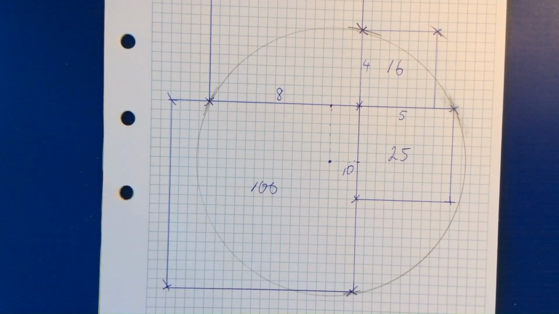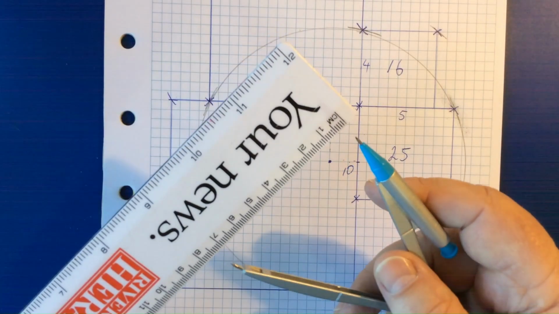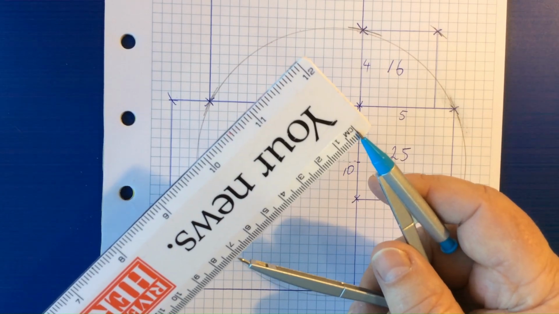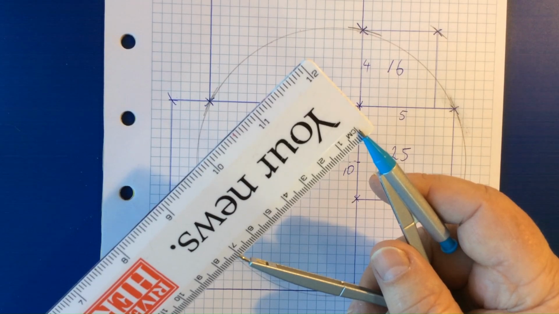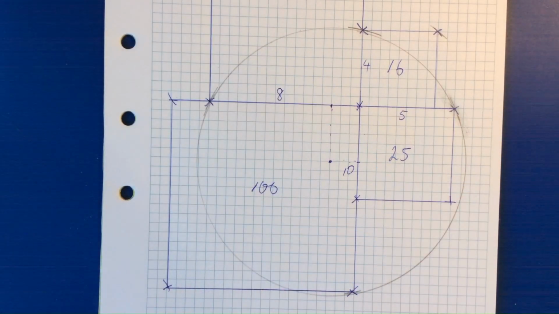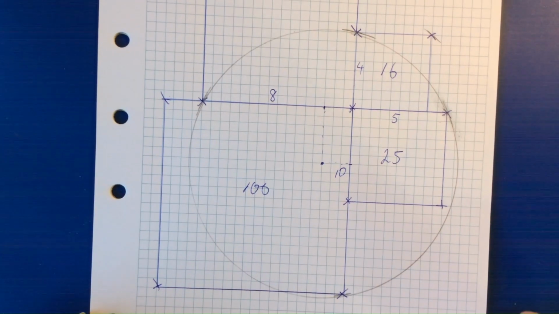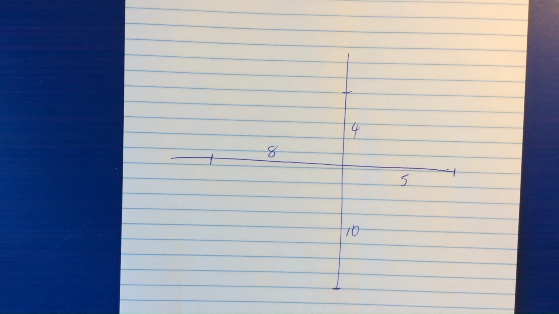Now, bearing in mind this is not terribly accurate, it looks like our radius is just over 7 centimeters. So let's set about finding exactly what it is. Again, fair warning, this is obviously not to scale.